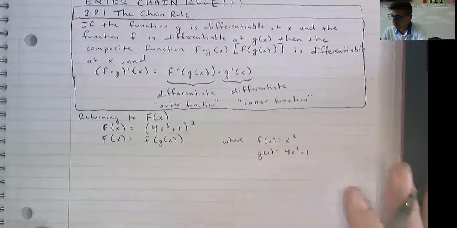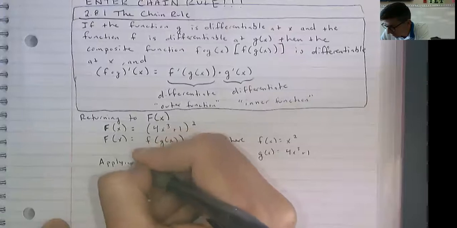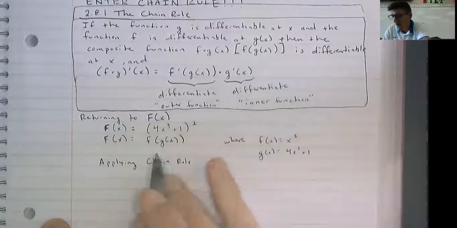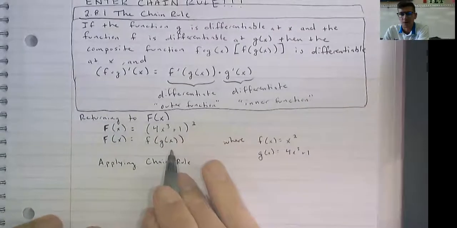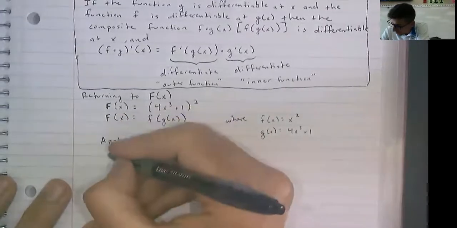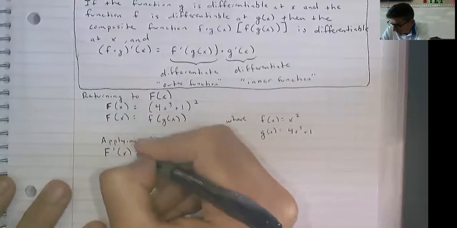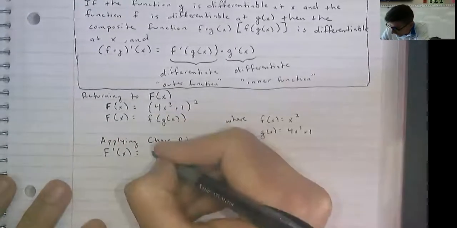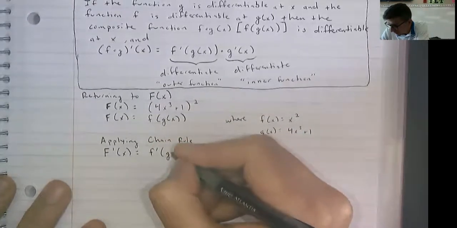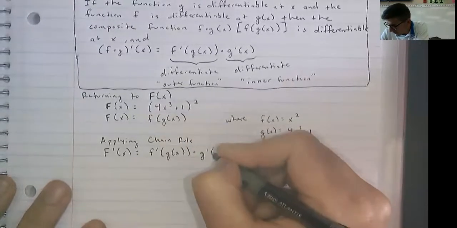So then the chain rule applied to this now compositely defined function, I don't know if compositely is a word, but I just said it, so it works, means that f prime of x will be little f prime of g of x times g prime of x.